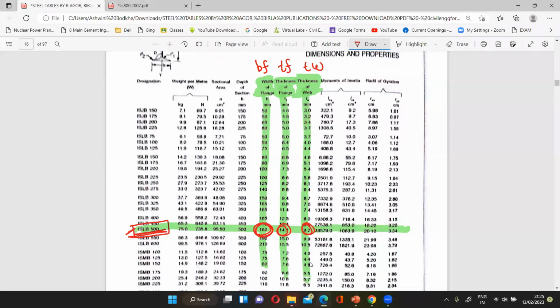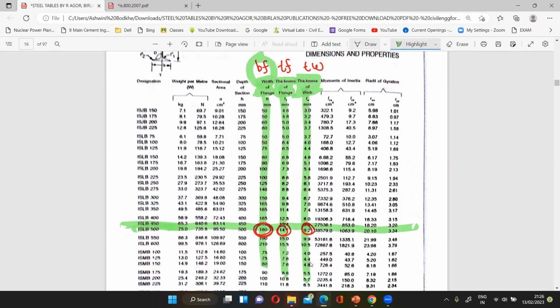I have already marked the values of ISLB 500. So you can see here in steel table for ISLB 500, this row you have to consider.